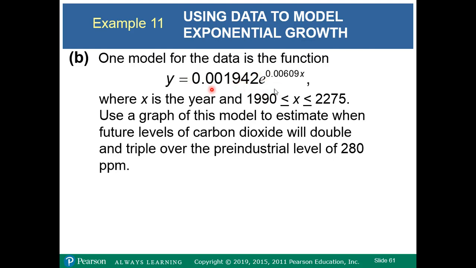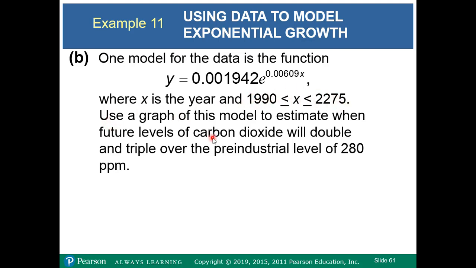It's under your calc menu, and you're going to use the ExpReg for this. It'll actually give you your A value and your B value. And so it'll give you the model, which is only going to be good for this range of values.